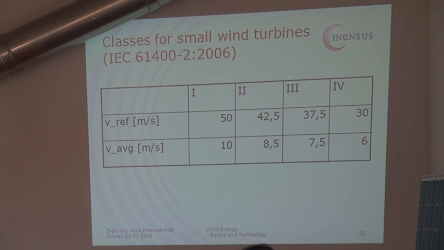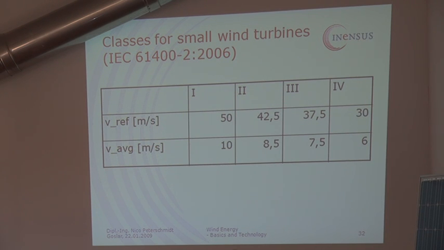And this gust and the resulting forces from this gust have to be taken into consideration in all your calculations for the generator, for the gearbox, for the shaft, for the foundation, for the tower, for everything. And you also see here that the closer you get to wind class 1, the higher the demand, the higher the requirements.